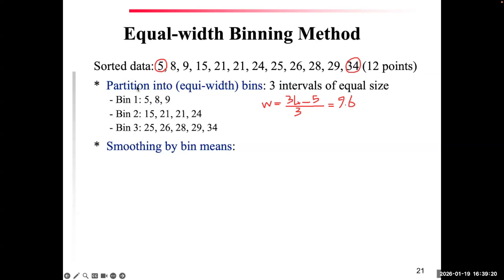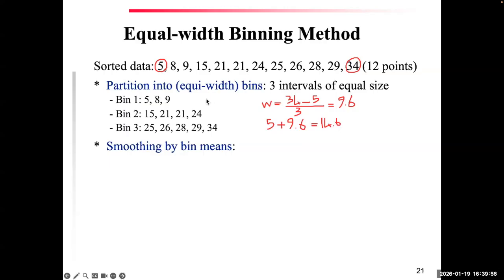As I said, I ask you to partition into 3 bins, and your task is to find which values go into each bin. How do we identify that? First, you find this number, which is the width. Each bin should have the equal width. So you start with 5, and then you have 5 plus 9.6. This gives you the range of this bin.